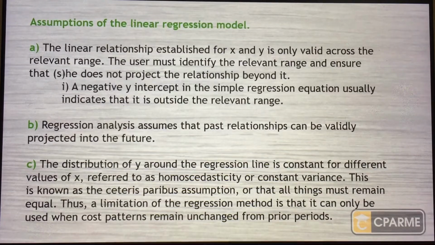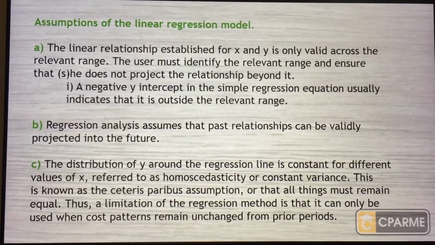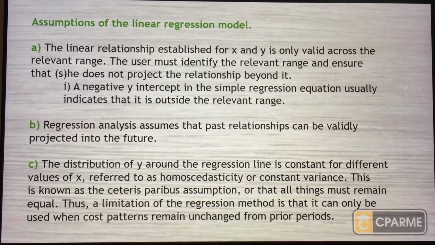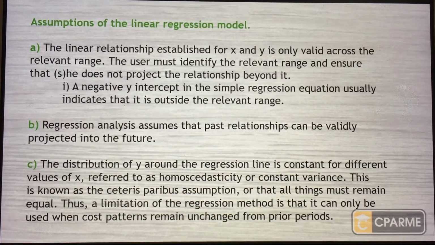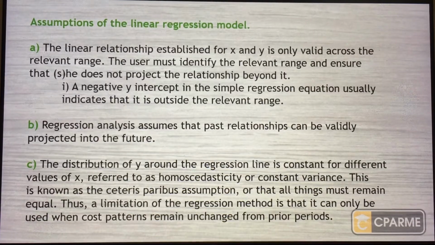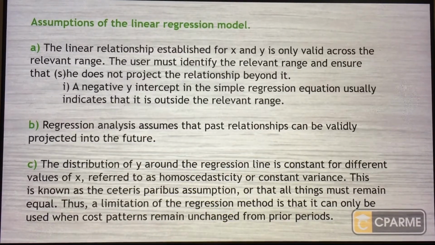So negative y-intercept, di ba guys, na mention kanina, that says na sa regression analysis should have non-zero coefficient of correlation. So since if it is a negative y-intercept, then it will be out of the range already, and then it will invalidate all your assumptions. Then regression analysis assumes that past relationships can be validly projected into the future.